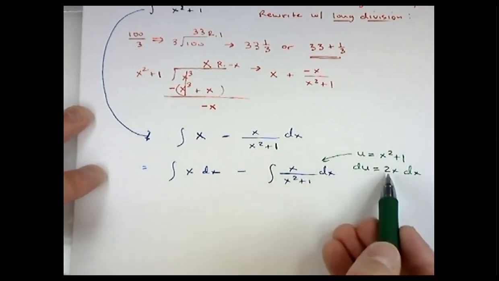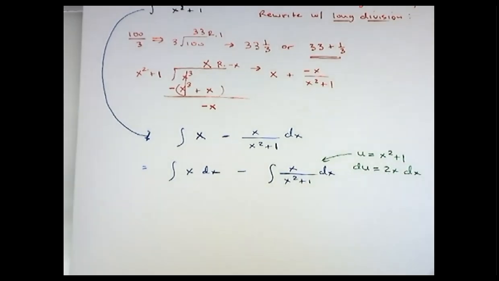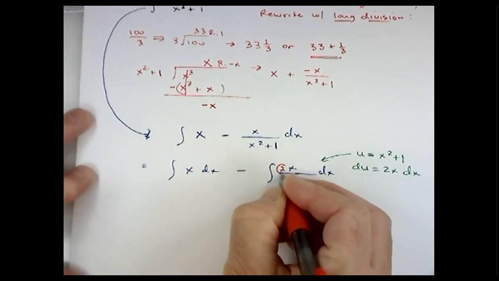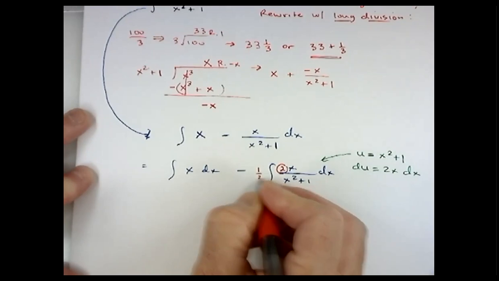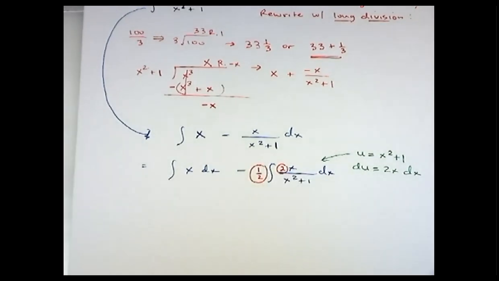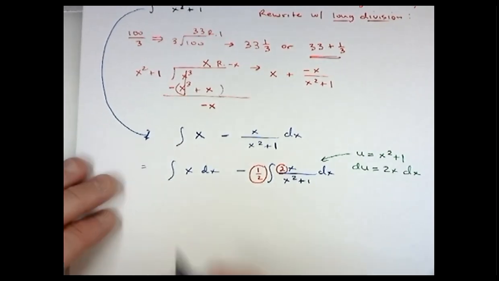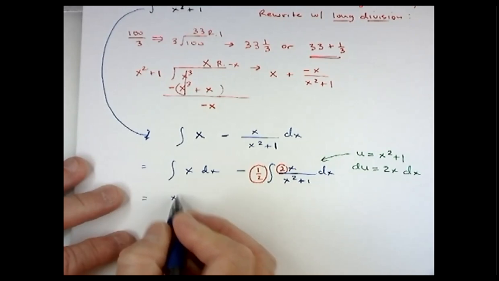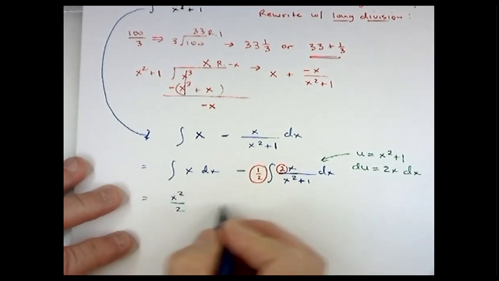So for that integral, du is going to equal 2x dx. So I just need to wish for a 2, compensate with a 1/2. This one's all ready to go. The antiderivative of that is x squared over 2.